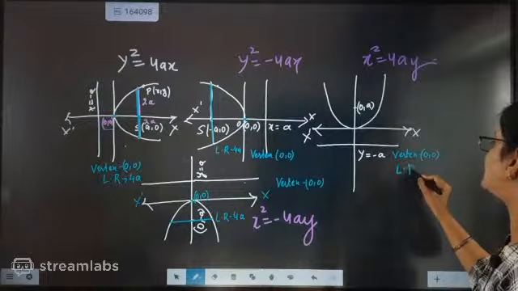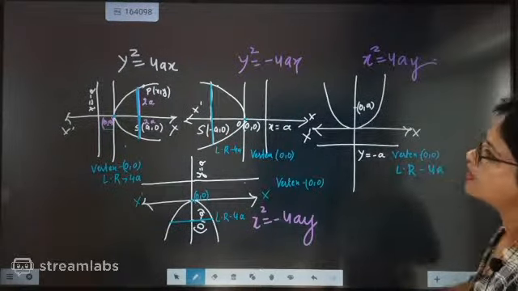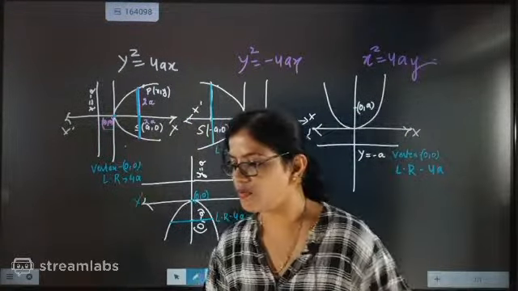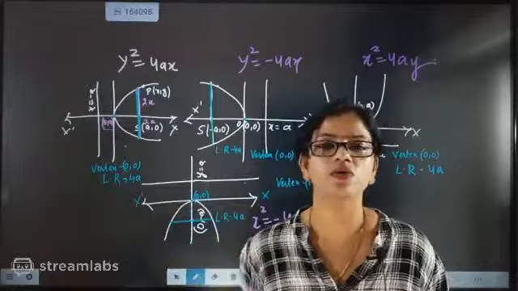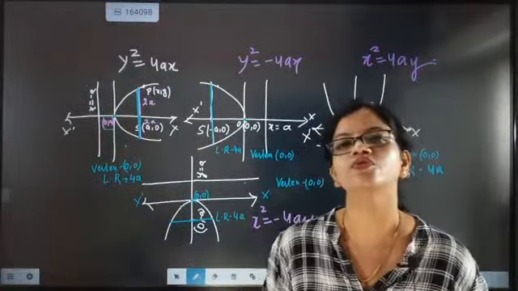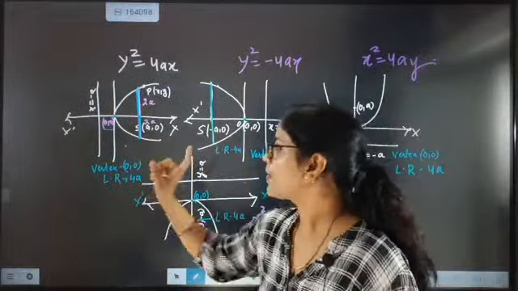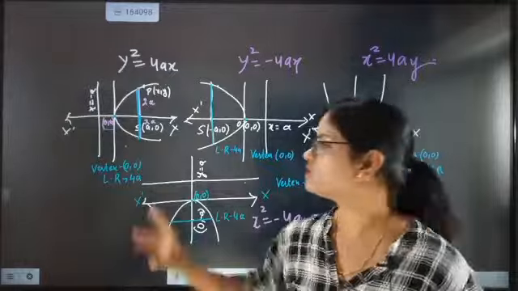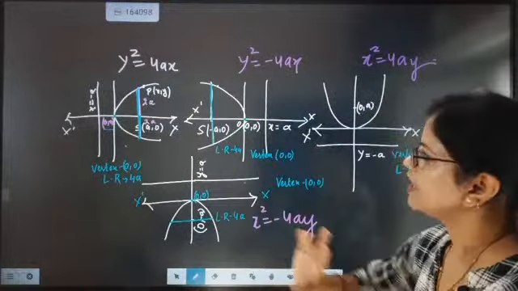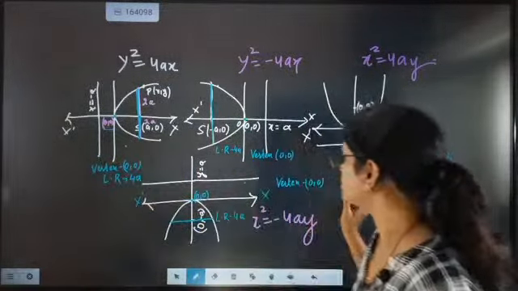Here also, either you draw the parabola this side, y square equal to 4ax, x square equal to 4ay, whatever it will be, the latus rectum is exactly going to come as 4a, and the vertex point is 0, 0.